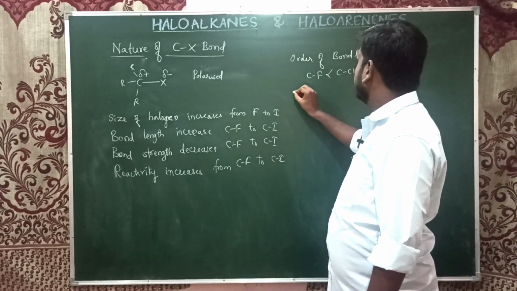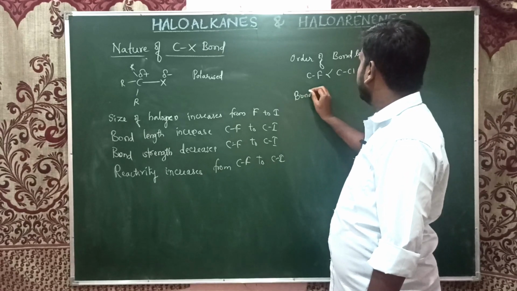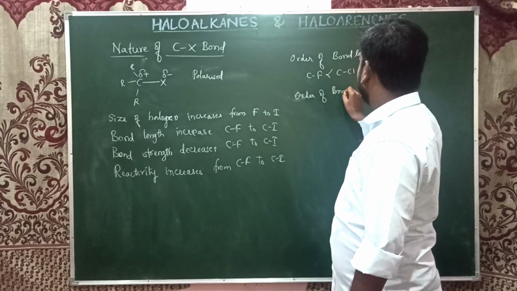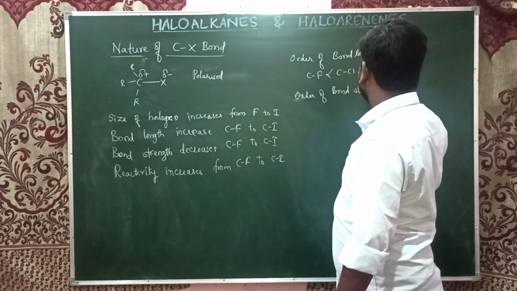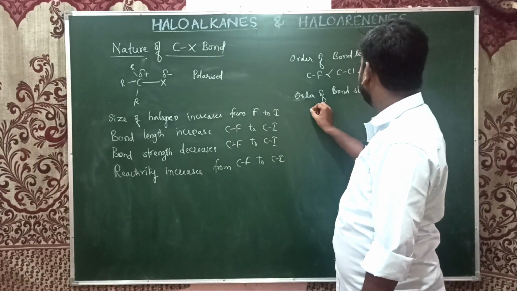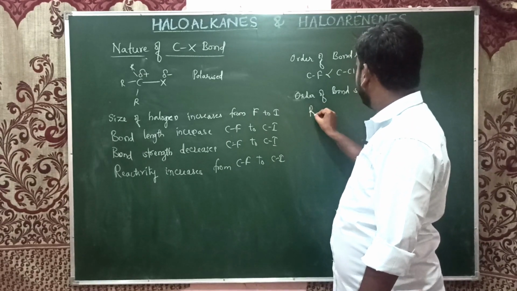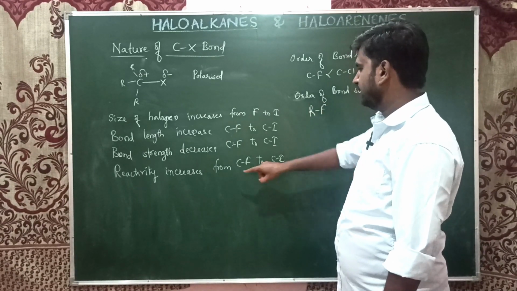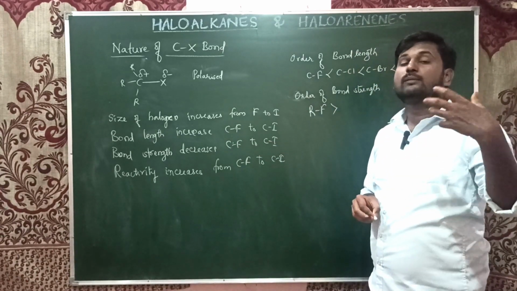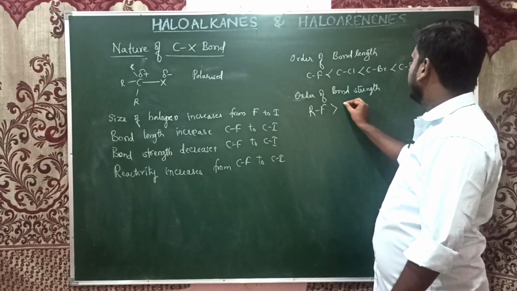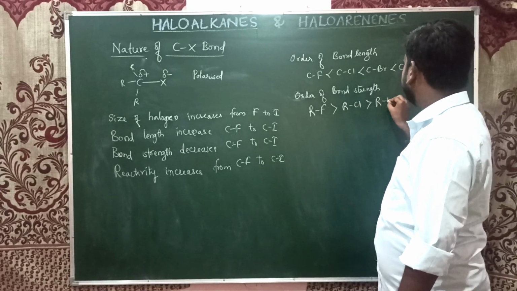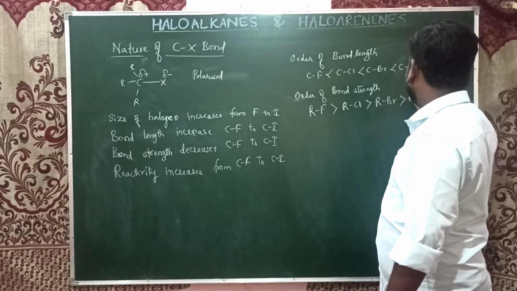Now the order of bond strength. If you see the order of bond strength, RF has the higher bond strength. As small size, more strength. So RF has the highest bond strength, RCl has less, RBr has less than that, and RI is the least.